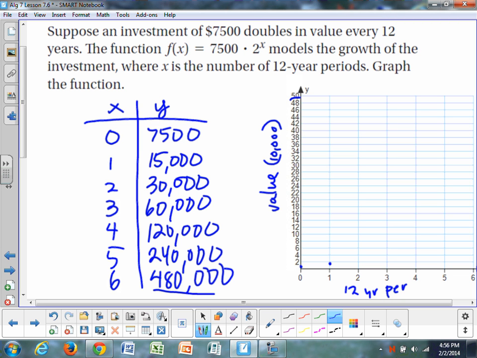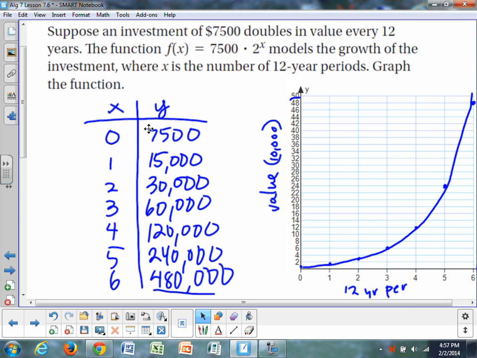Then we have 30,000, which is right there, 60,000, 120,000, 240,000, and 480,000 in the end. And our money just keeps growing exponentially. All right, try that.